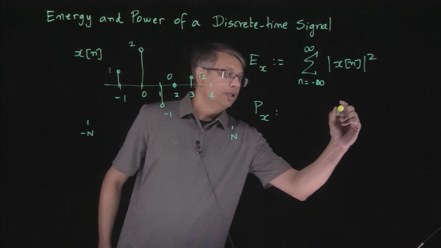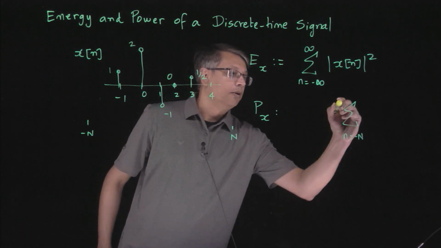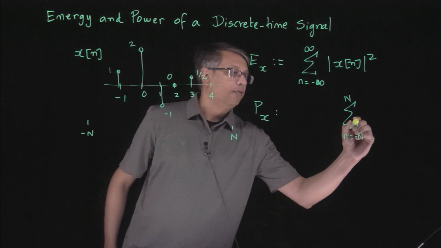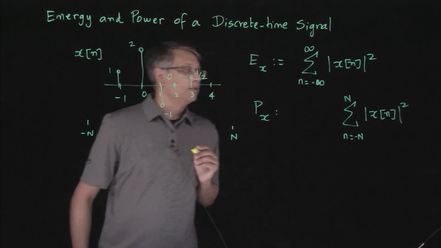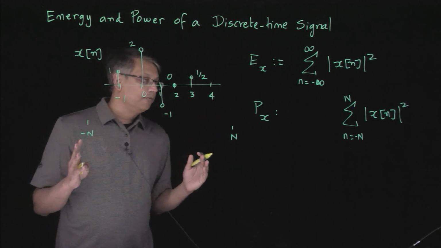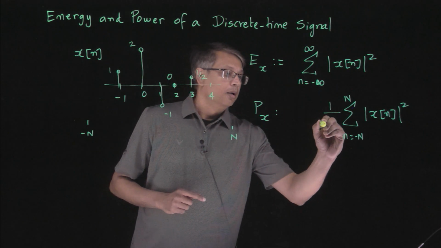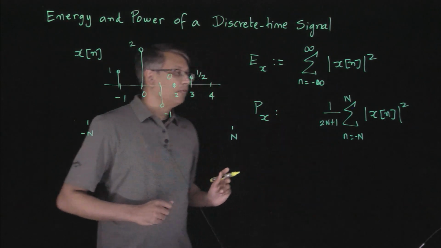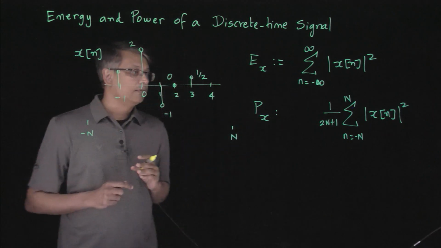So the energy within this window is given by the sum from negative N to positive N of the magnitude of x of n squared. Now the average energy within that window is given by this energy divided by the total number of samples we had within that time interval.